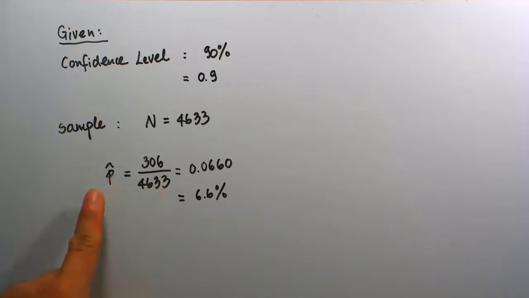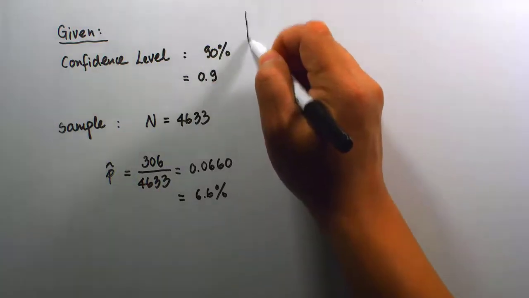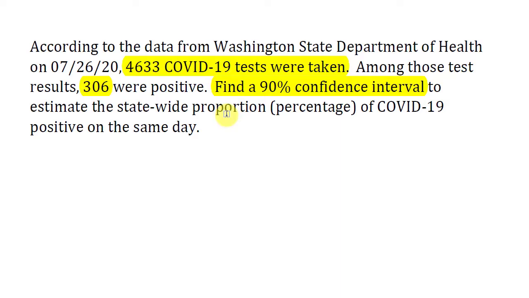But this is only a sample proportion. And so now the idea is, if we're looking back at the problem one more time, we want to find a 90% confidence interval to estimate. So let's get started going further into this statement.